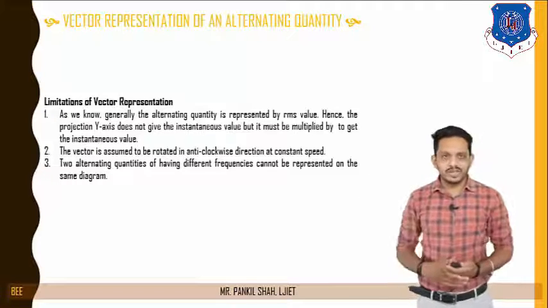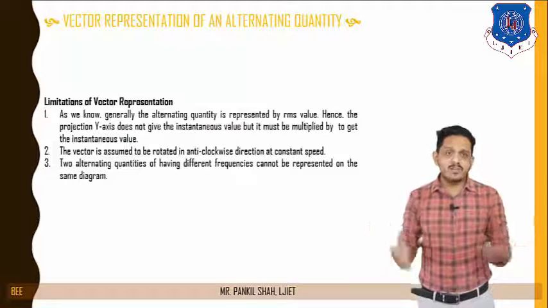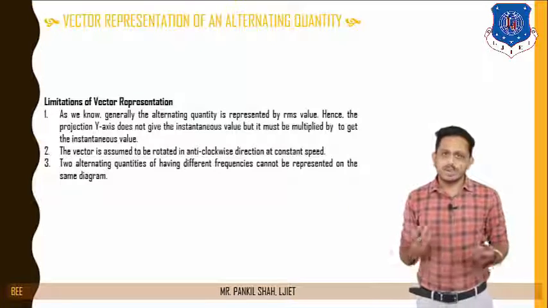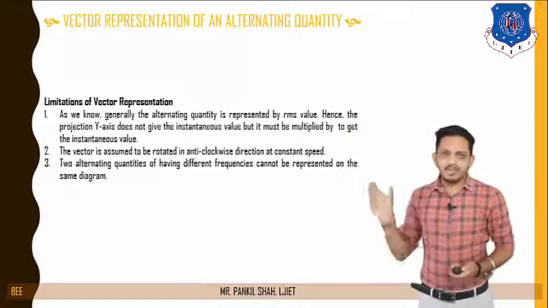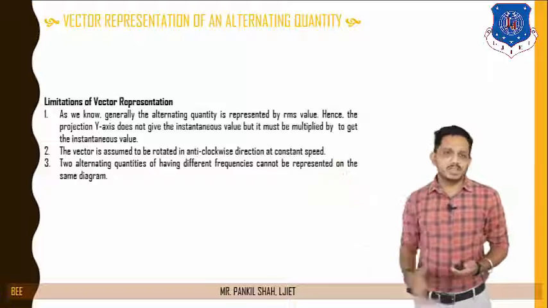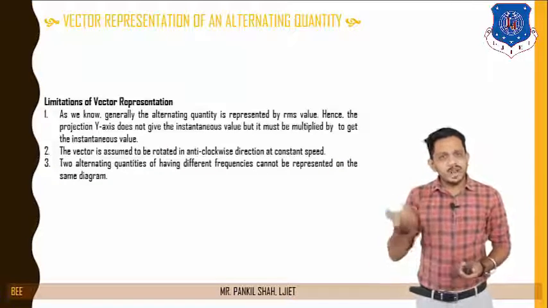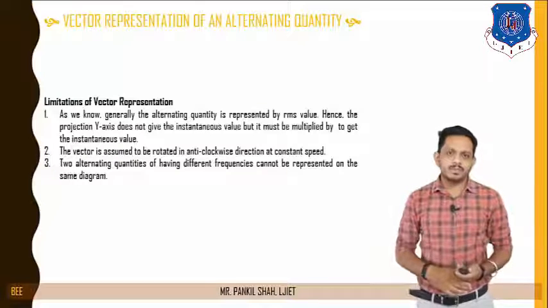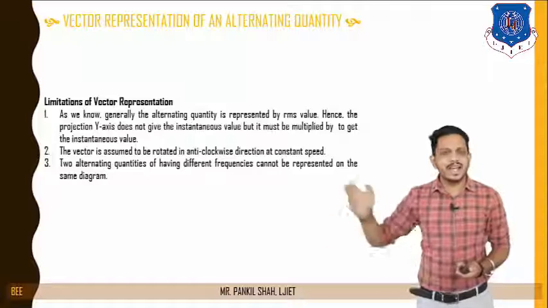So the first limitation is that the whole value represented in vector representation was in RMS form. If the magnitude of that line is in RMS form, then we cannot find the instantaneous value directly. We have to multiply that RMS value, then we can get the instantaneous value at any angle.